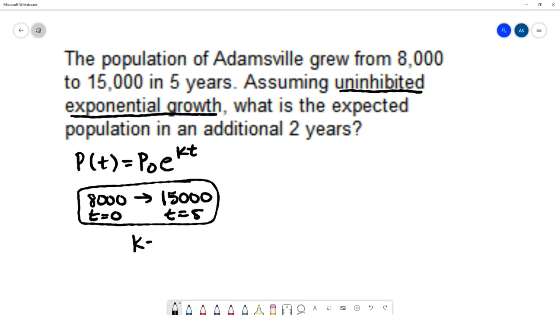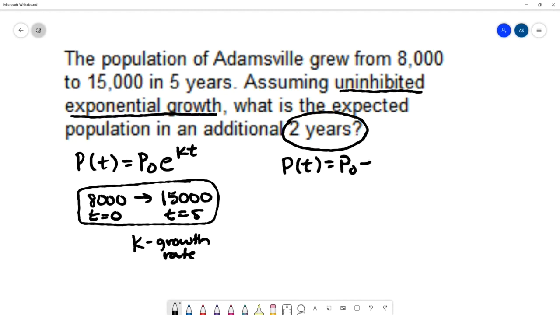And once we know k, the growth rate, we can use that information to answer questions about this population. So let's find the growth rate. So I'm using that formula, P of t equals P naught e to the kt. The population grows to 15,000, starting at 8,000, e to the k times 5. It took 5 years to grow from 8,000 to 15,000.